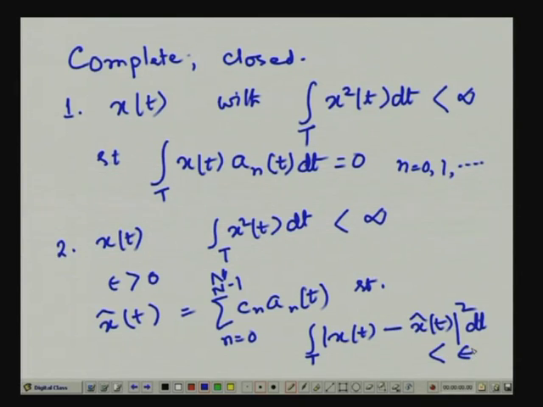epsilon. So, this says that for a piecewise continuous function x(t) having finite energy, there must be an epsilon which is greater than 0, but very small, and there must be some constant capital N, such that we can have an expansion x hat(t) equal to summation of C_n a_n(t).